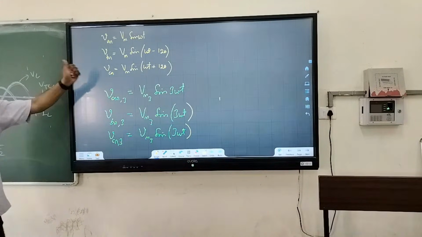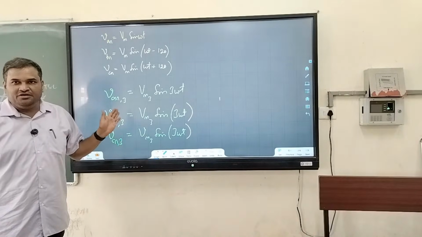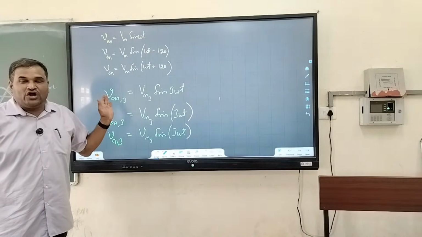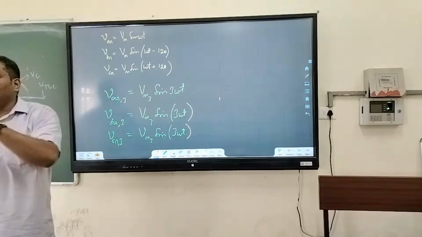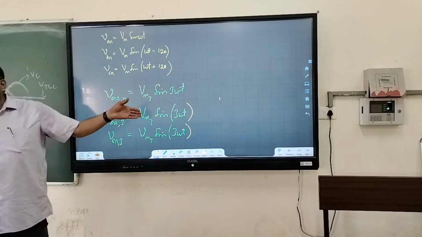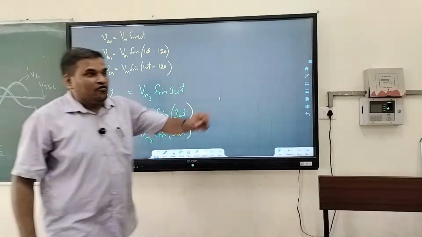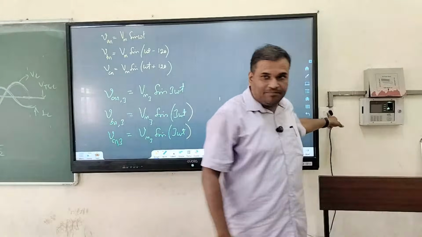This is the input waveform: VAN3, VBN3, and VCN3. So we find that they are not displaced from each other by an angle of 120. Rather, they are called co-phasors.